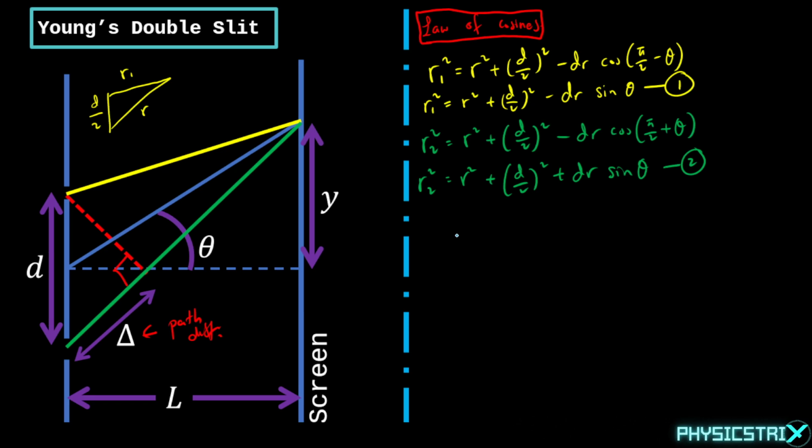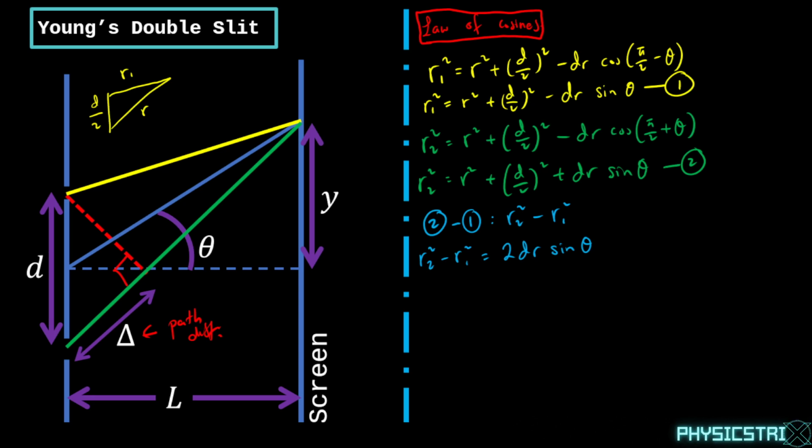We can have R2 squared minus R1 squared, which is just equation 2 minus equation 1, and that gives us R2 squared minus R1 squared equals 2dR sine theta. That simplifies our work much easier.